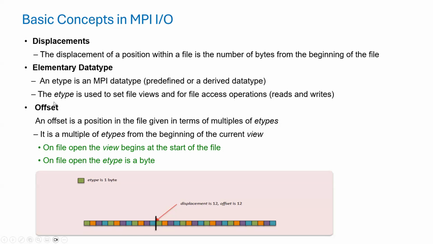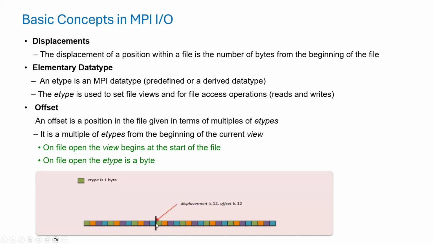And then there's offset. Offset is important, and each process needs to understand the offset for it to start to read or to write. So offset is a position in the file given in terms of multiples of the etype. It is a multiple of etypes from the beginning of the current view.